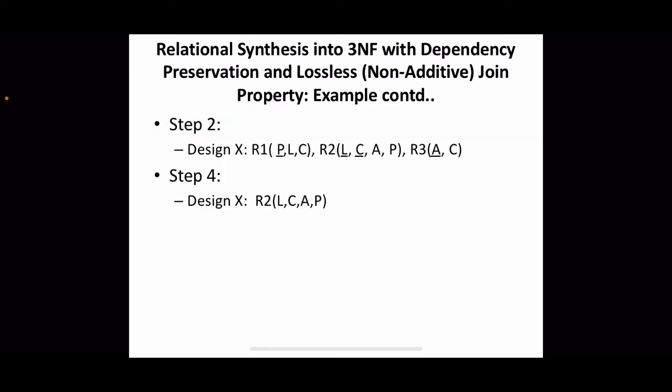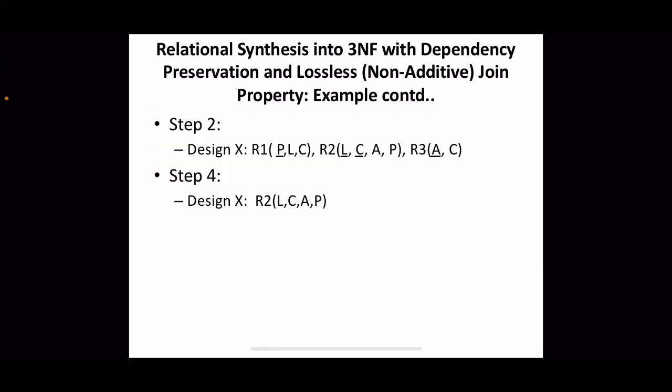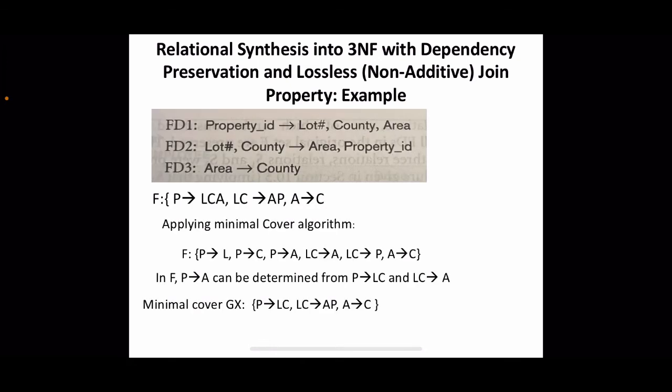So we found the minimal cover, then going to the algorithm. The main step in the algorithm is we have to find a dependency X determines Y and create a relation for that. So all these dependencies we have to refer to, each and every one. P determines LC we first take into consideration. So corresponding attributes will be PLC. We don't have any other dependency in which P is the left hand side, right?